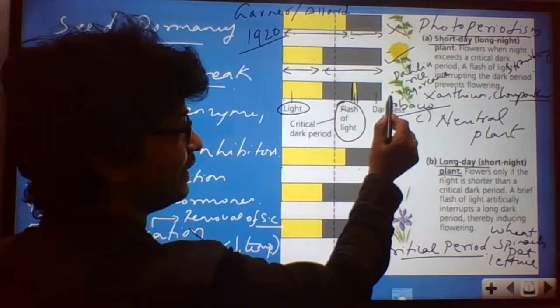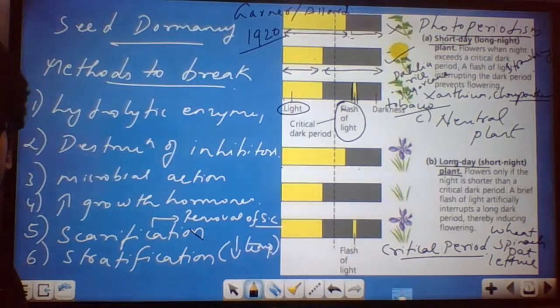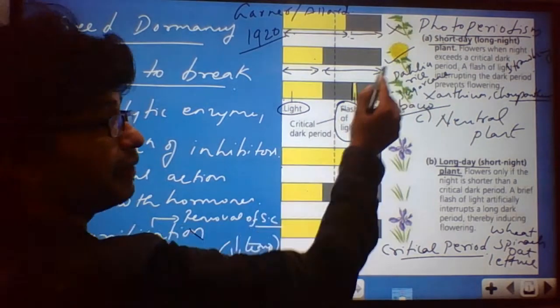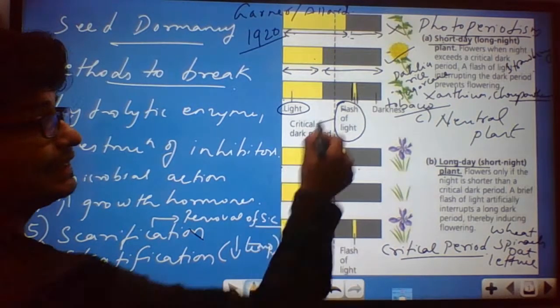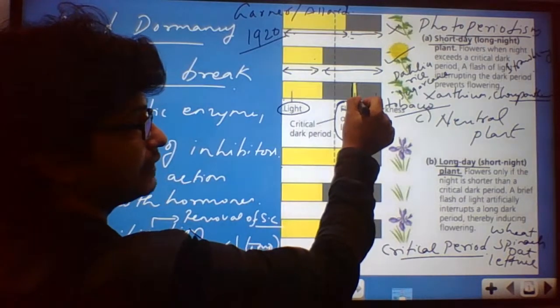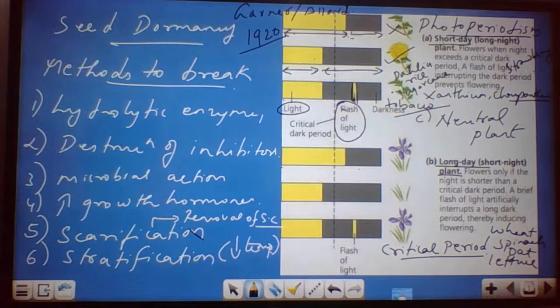Since the darkness has been interrupted by a flash of light in between, there's no flowering. So the darkness is the critical point for the short day plants.